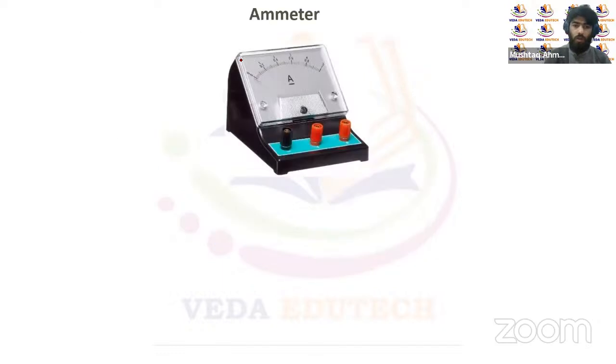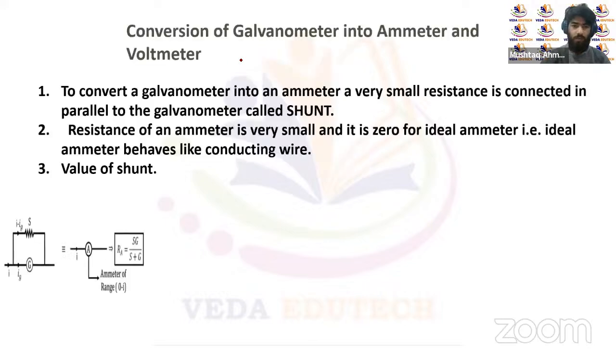So this is the ammeter here. You can see it's always connected in series. It measures a large amount of current in amperes, like 1 ampere, 2 ampere, 3 ampere. So let's see how we're going to convert the galvanometer into an ammeter and voltmeter.